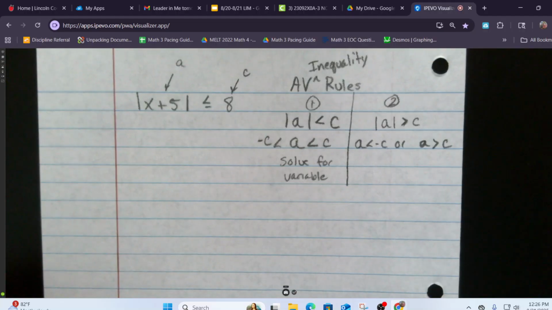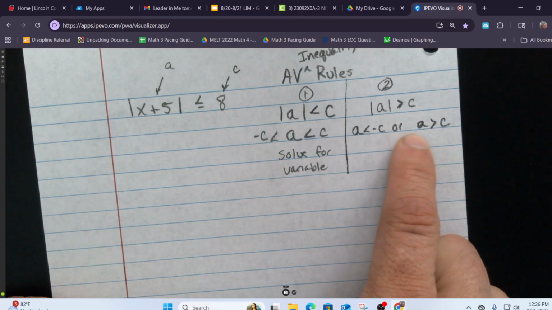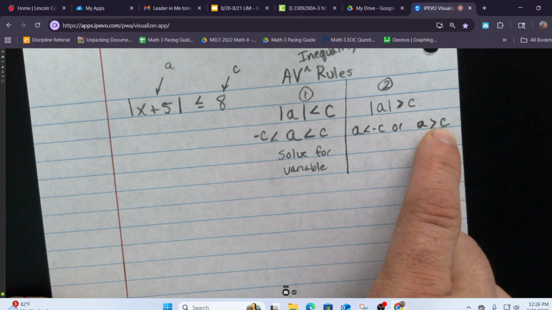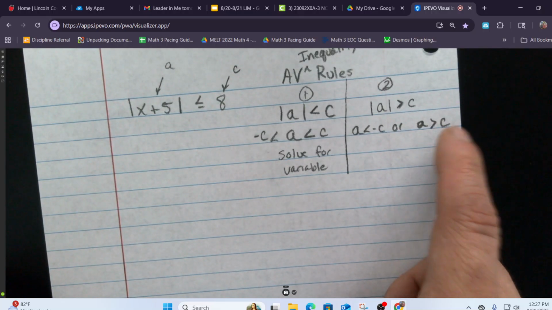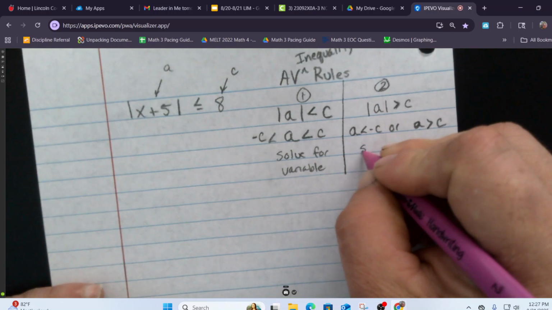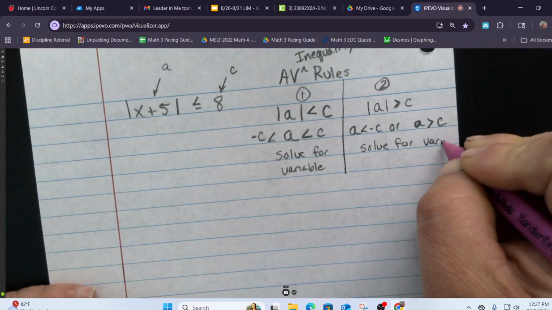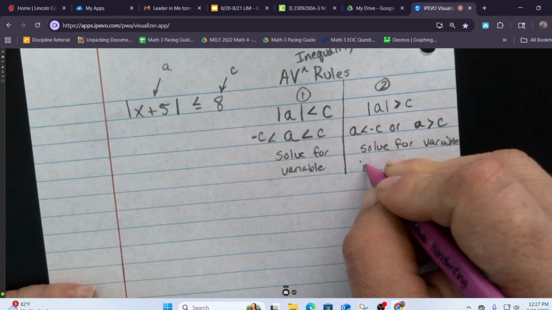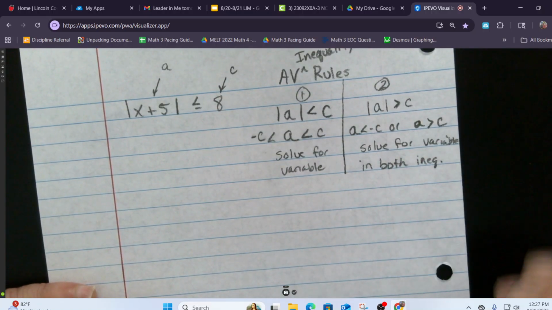The less than always goes with the negative. And of course you got an or there. And then the greater than goes with the positive. And then you're going to solve for the variable in both inequalities.